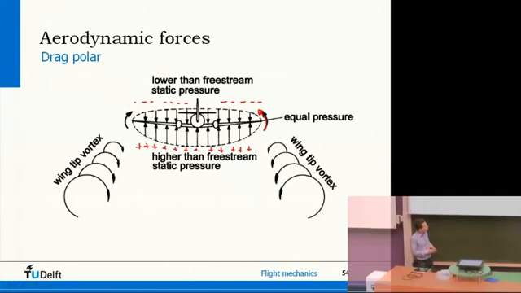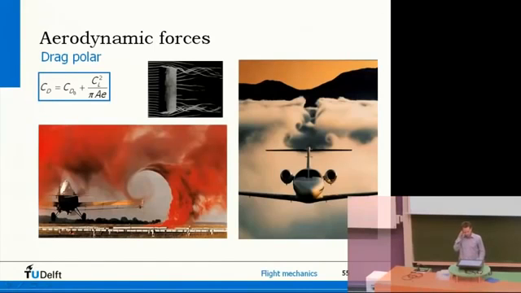So that means that you basically lose energy just due to the fact that the aircraft is not a two-dimensional thing but a three-dimensional thing. So these are some pictures where you can actually see those vortices in flight from a wind tunnel, but also from actual aircraft flying around.